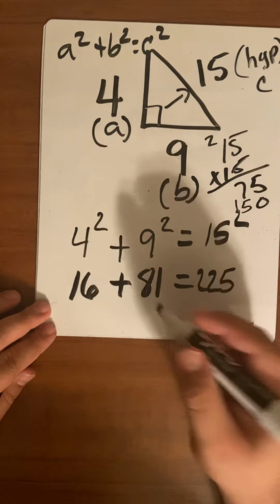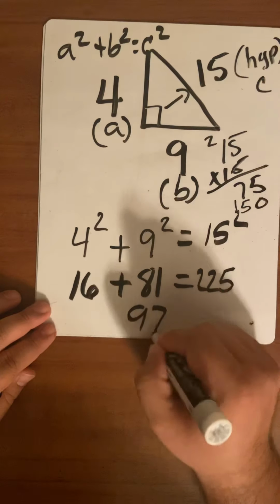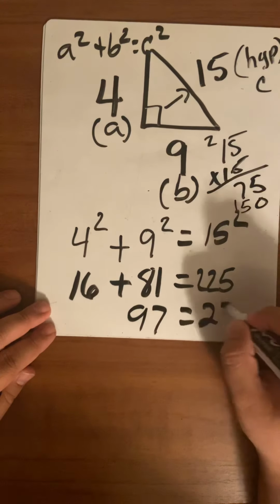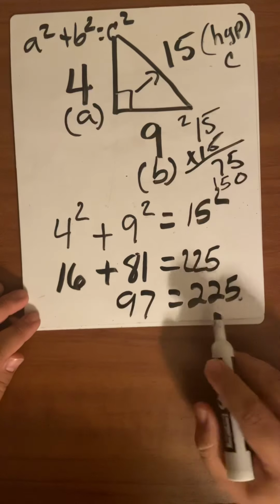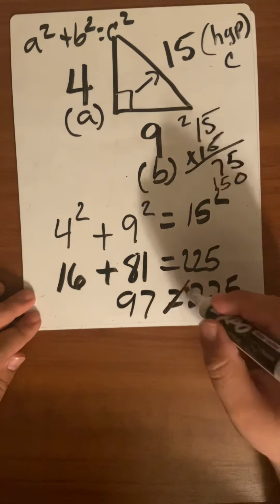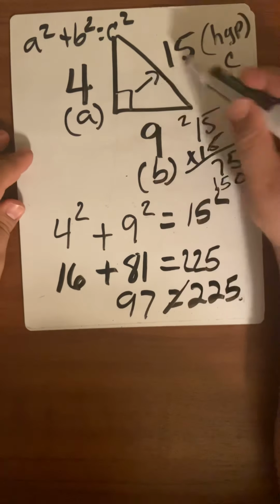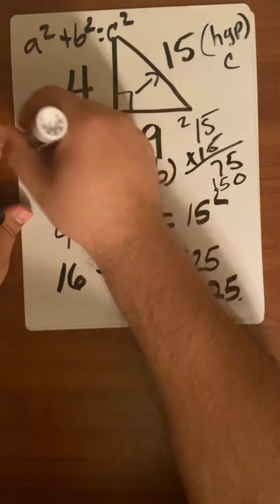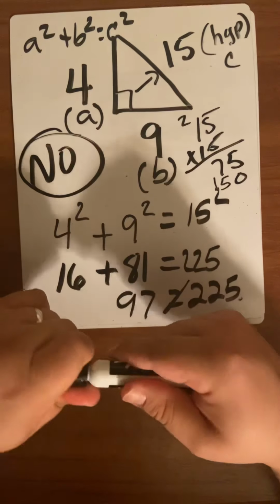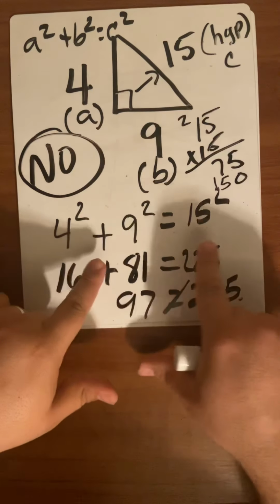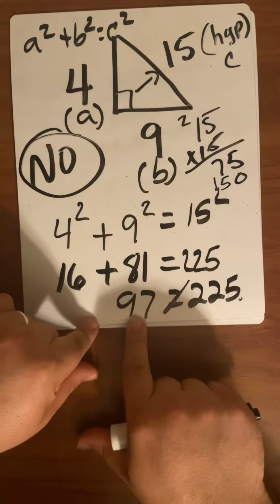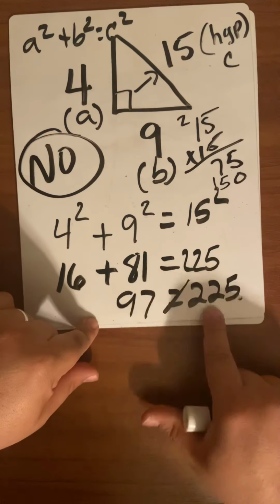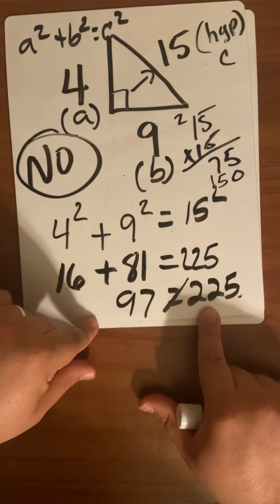Now, 81 and 16 is going to give me 97. 97 is not equal to 225. That just does not work out. So my answer for this would be no, this is not a right triangle, because when I worked it out with the Pythagorean theorem, I did not end up with numbers that were equal to each other.